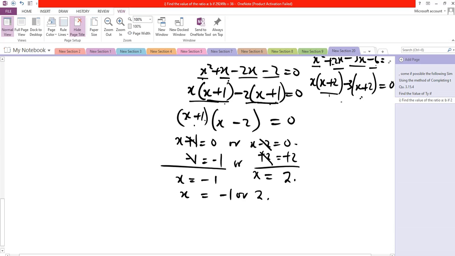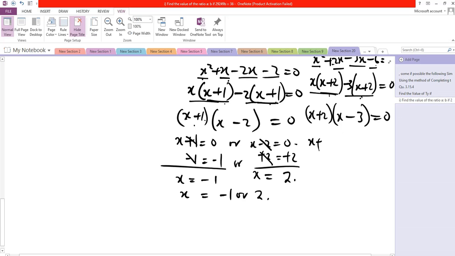What I'm going to do now is use it to factor. So you have x plus 2. If you use x plus 2 to divide this first term, you will have x. If you use this x plus 2 to divide this second term, you have minus 3. This will be equal to 0.